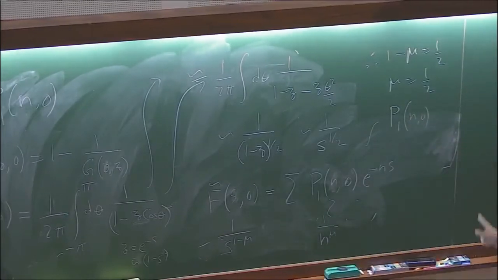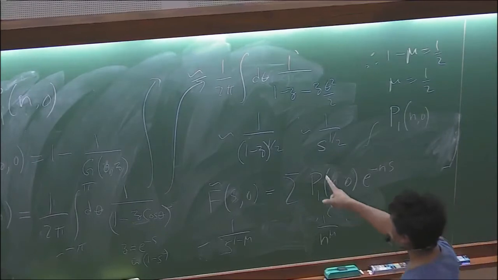that's not right. Okay, so there's a mistake here somewhere. Should it be 3 by 2? 1 minus mu. Okay, so what was the mistake?